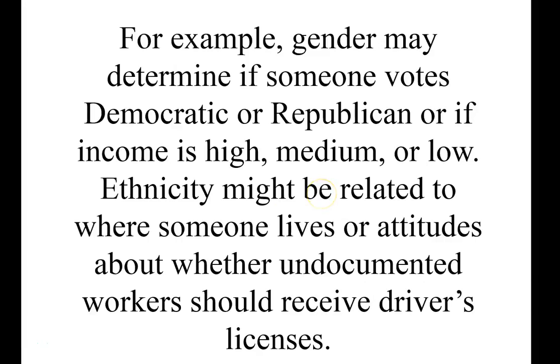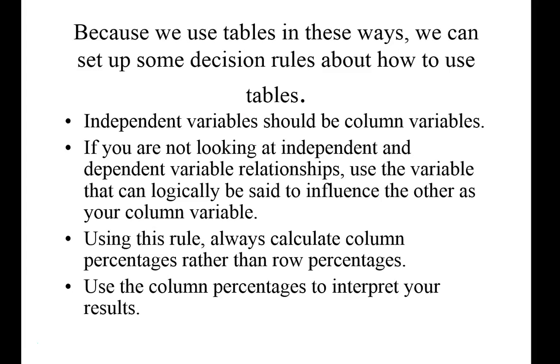For example, gender may determine if someone votes Democrat or Republican, or if income is high, medium, or low. Ethnicity might be related to where someone lives or attitudes about whether undocumented workers should receive driver's licenses. These are just examples that you can find out from a survey and by using crosstabs.